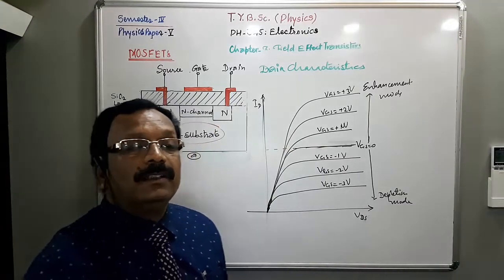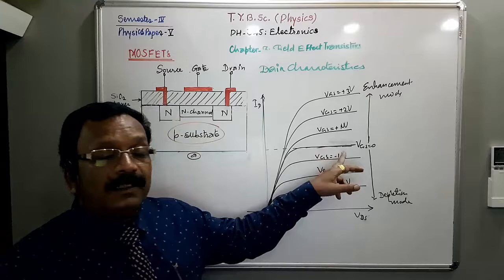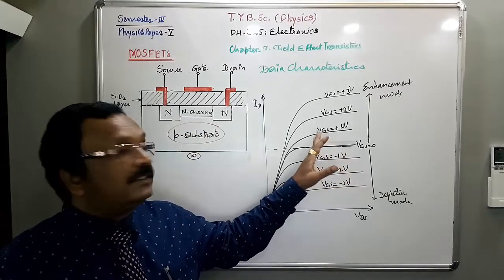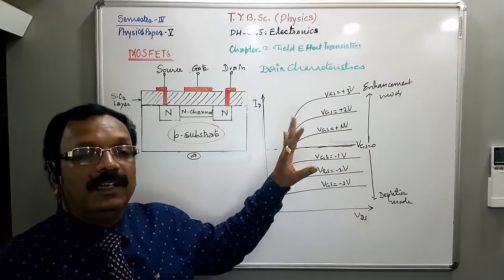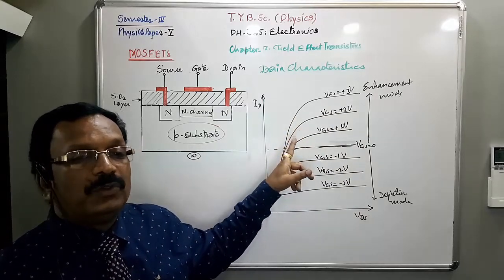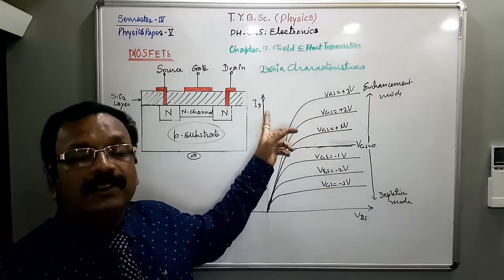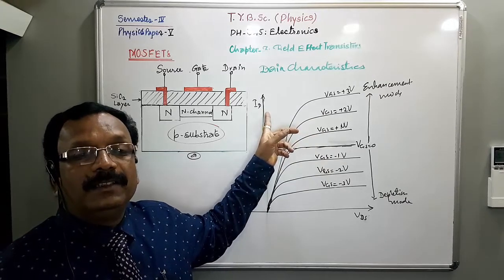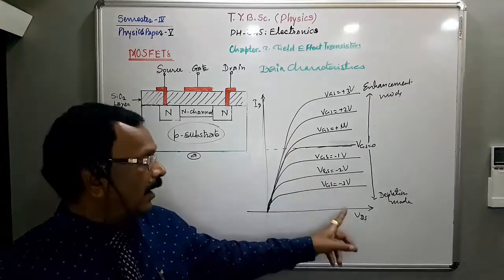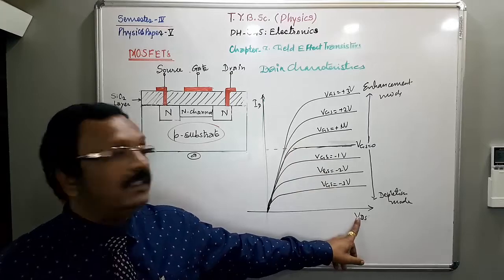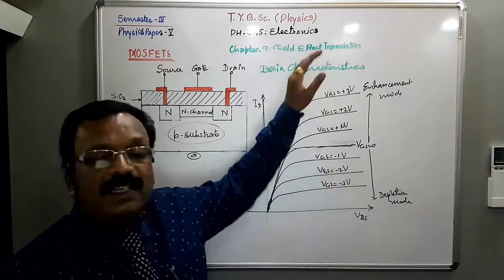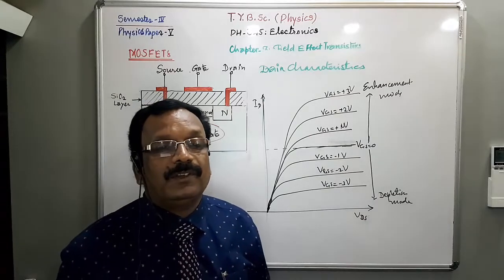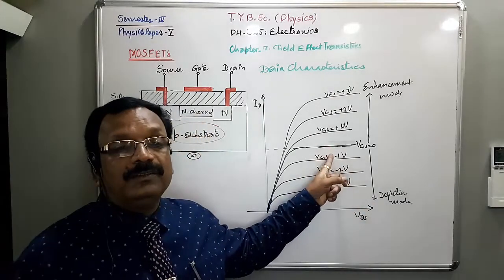So here we can say that this is the drain characteristics for N source configuration, and this curve shows the relation between drain current ID and drain to source voltage VDS, for different constant VGS. This is the middle curve.